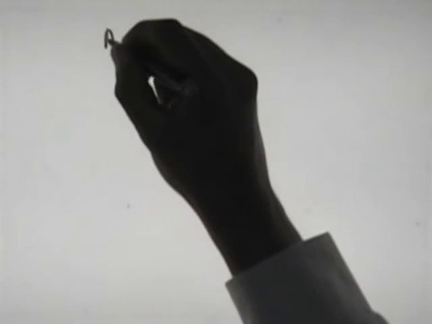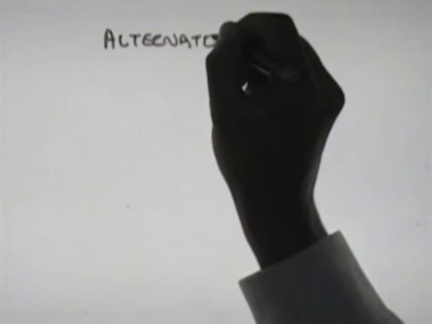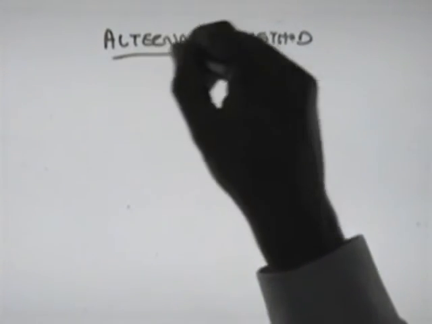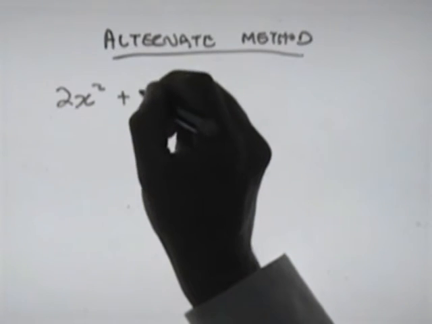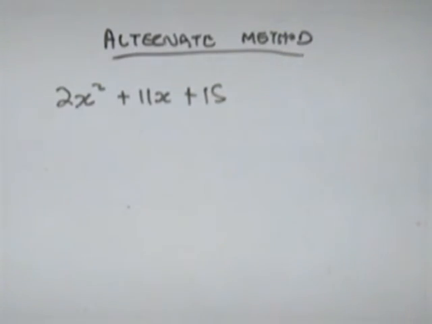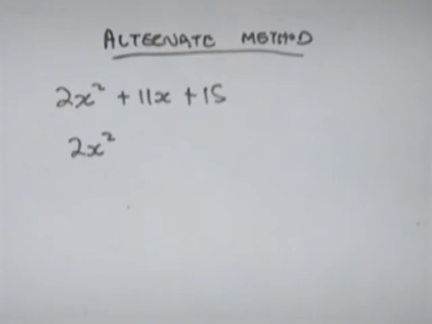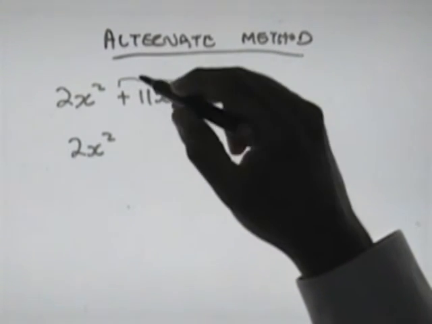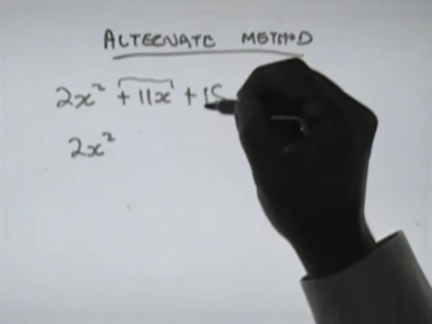There is an alternate method to factorizing sums of the form 2x squared plus 11x plus 15. Leave the 2x squared as is. Let's look at this 11x. Let's break it up into two numbers that make up 11.